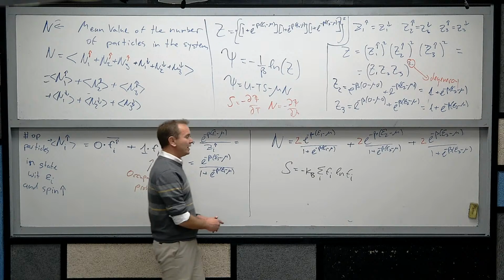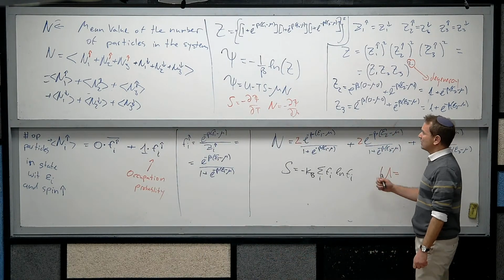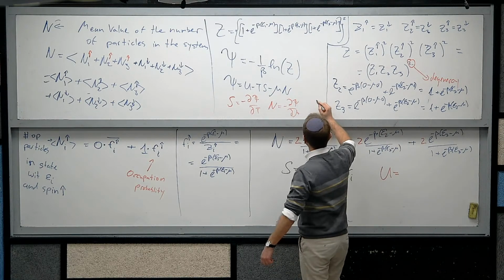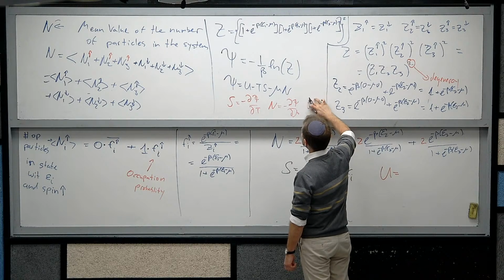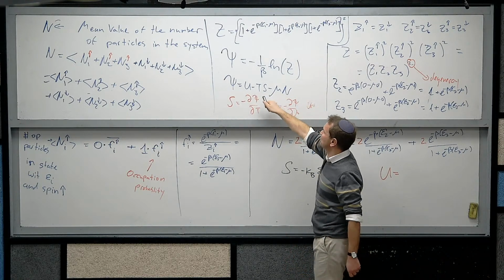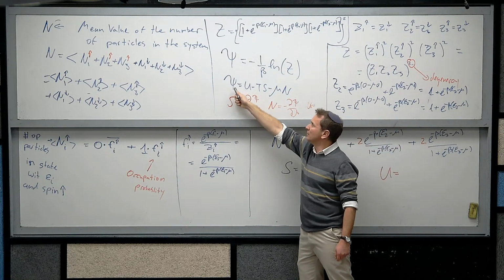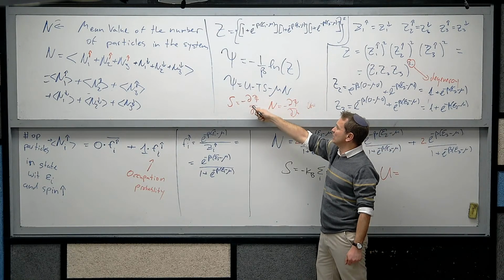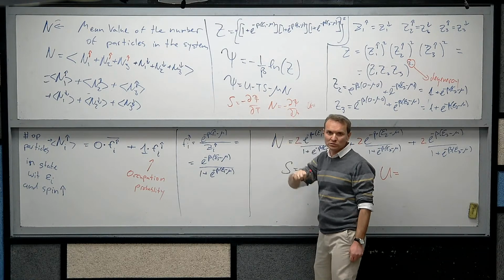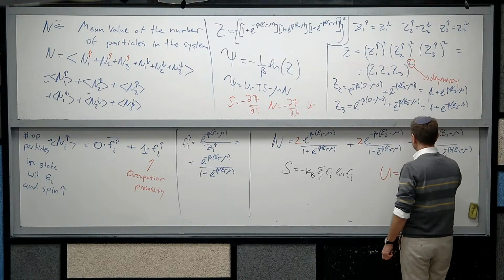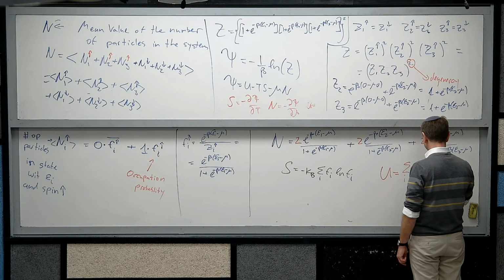If I want to compute the average energy, I can take the derivative of psi to compute U. I know psi, and I can obtain S, and I can obtain N, and then I can substitute it inside this formula. Or I can say, well, U is a sum over I of fi epsilon I.